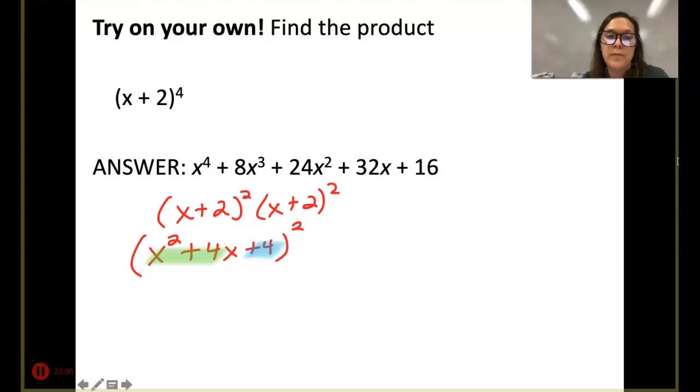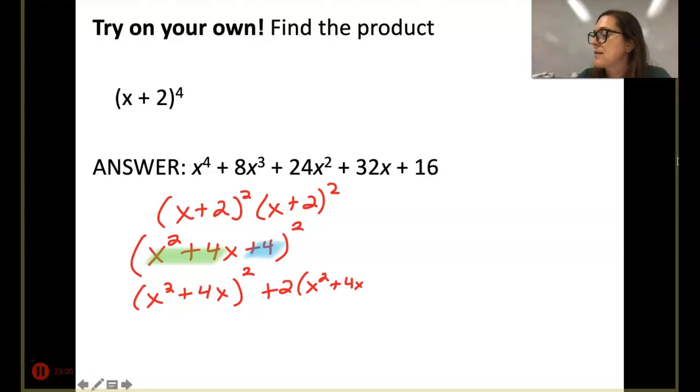So squaring the green gets you x squared plus 4x squared, plus 2 times your green, so x squared plus 4x, times your blue, which is 4, plus your blue squared. Right, so we're doing green squared plus 2 times green times blue plus blue squared. That's ultimately what we're doing.